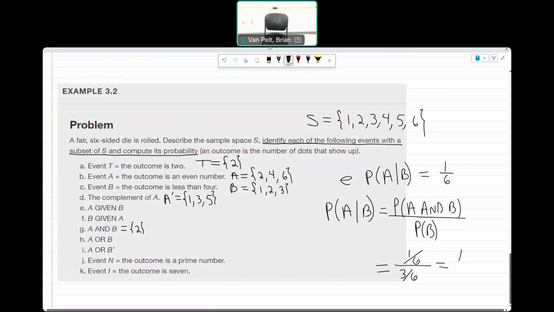You go 1/6 times, you flip the bottom one upside down. And we end up with 1/3. If you would have used decimals for this problem, you would have found a decimal of like 0.3 with 3's going off.